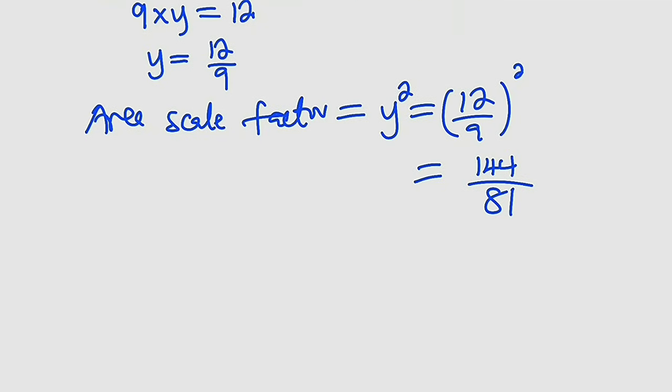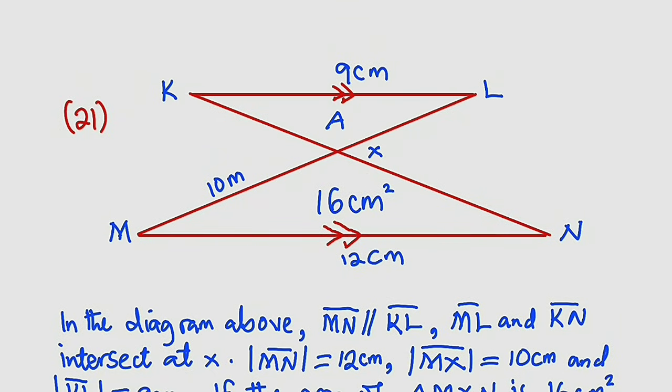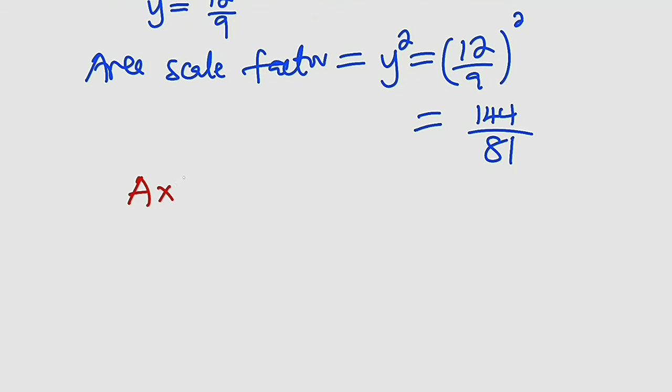So if we take this area scale factor, we multiply that with our small area A, right? Because I call it A. If we multiply this 144 divided by 81 by our small area, it will give us the big area, which is 16. So to find this small area, we can divide both sides by 144 divided by 81, or we can multiply both sides by the reciprocal, all the same.